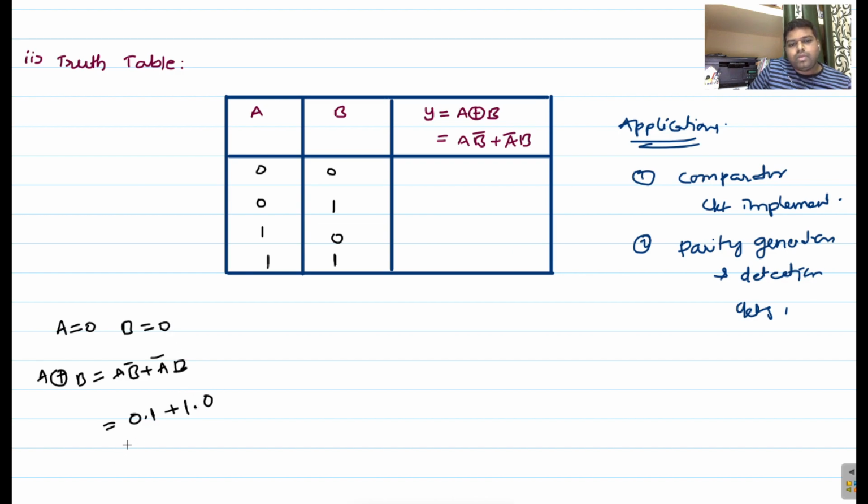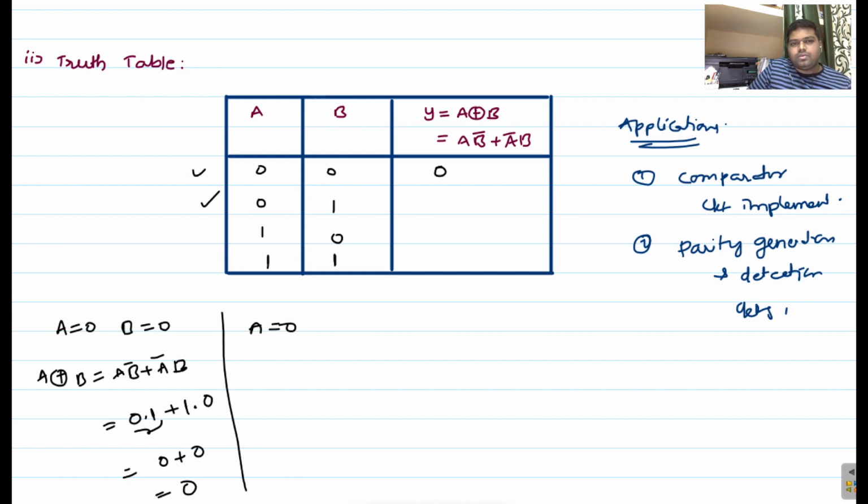So 0 into 1, this is a product, means 0, plus 1 into 0 means 0. Final: 0 plus 0 means 0. That means a XOR b, when 0 0, is 0. If both variables are 0, you will get 0 only.